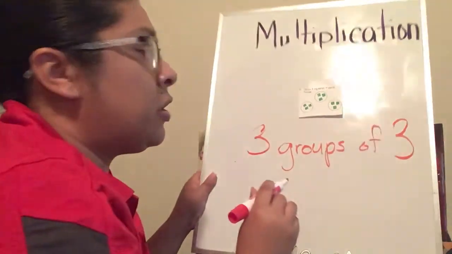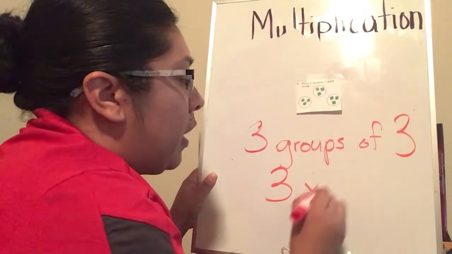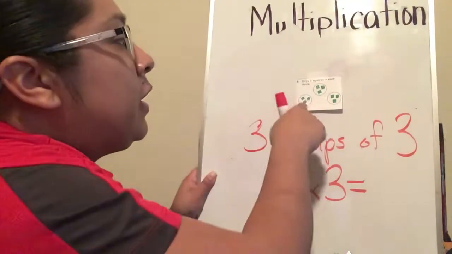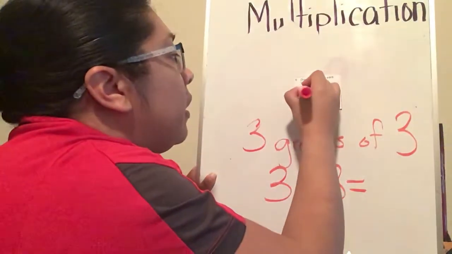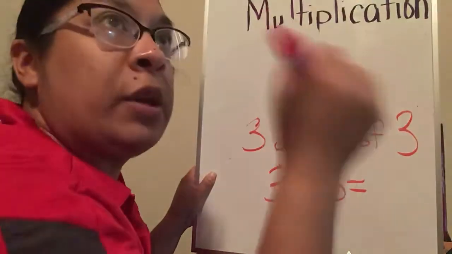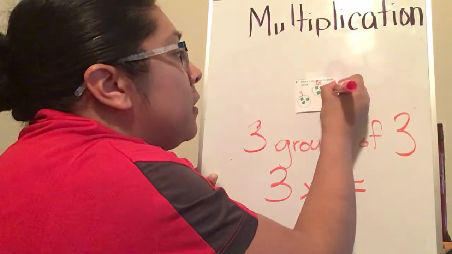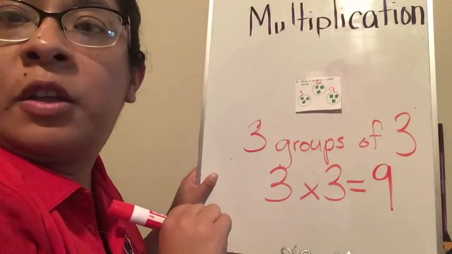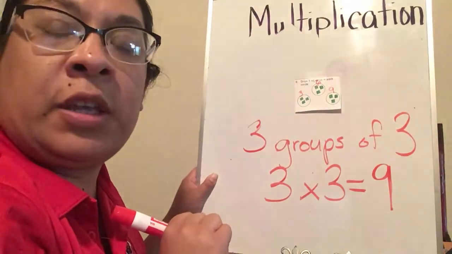And the multiplication equation would be 3 groups of 3. What do you skip count by? What's in each group? 3. So you skip count by 3. So 3, and then 3 more is 6. And then 3 more is 9. 3 groups of 3 is 9. 3 times 3 is 9.